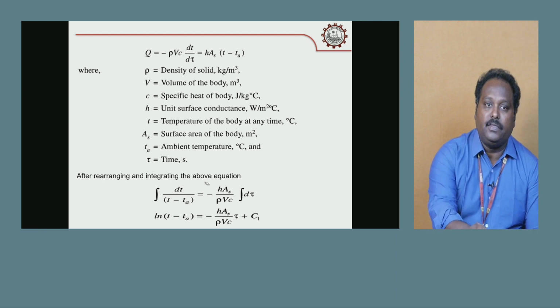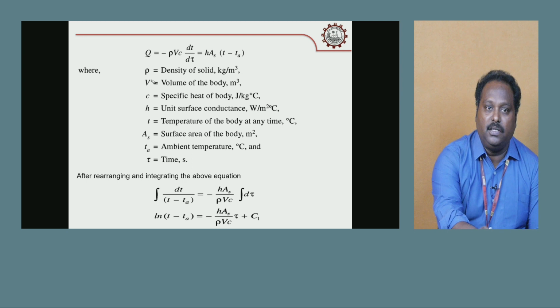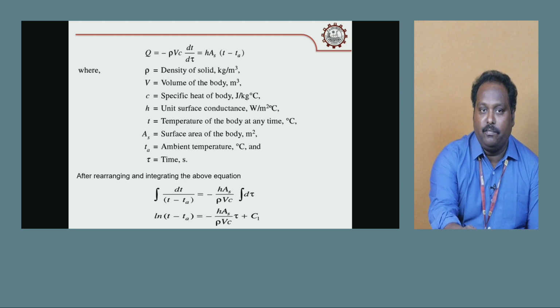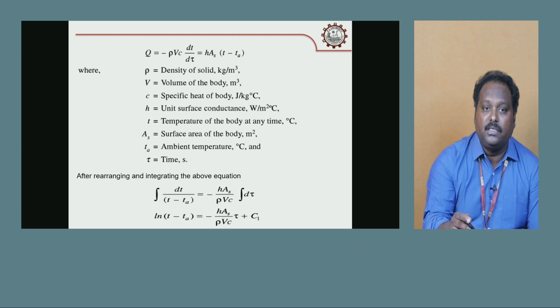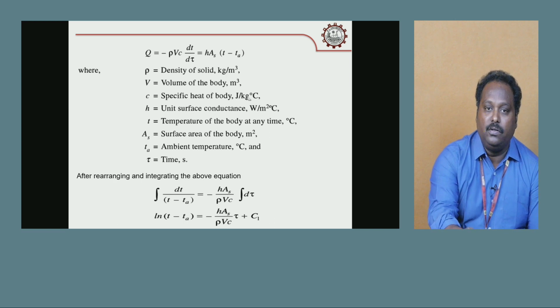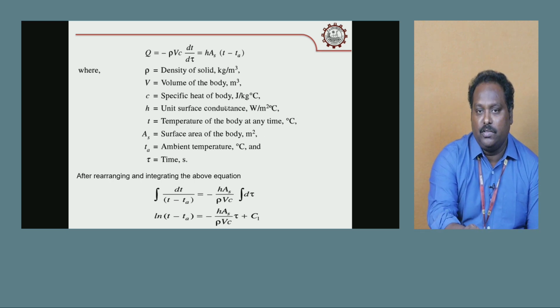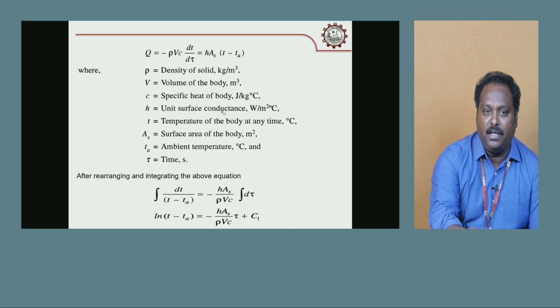Here rho is the density of the solid in kilogram per meter cube, V is the volume of the body in meter cube, C is the specific heat capacity of the body in joule per kilogram degree centigrade, h is the unit surface conductance or heat transfer coefficient between the solid and the environment, or solid and air.